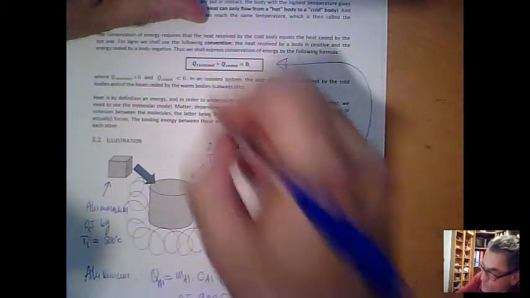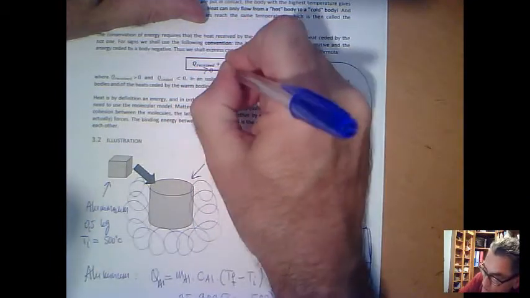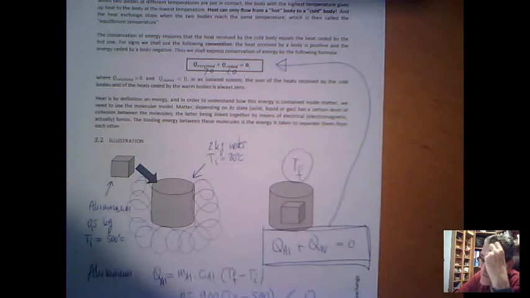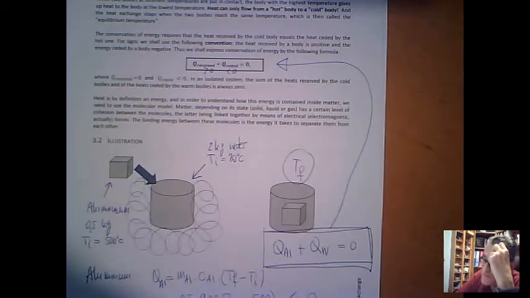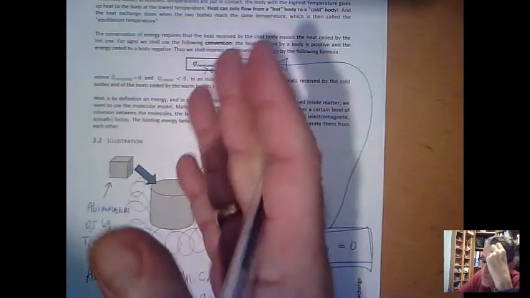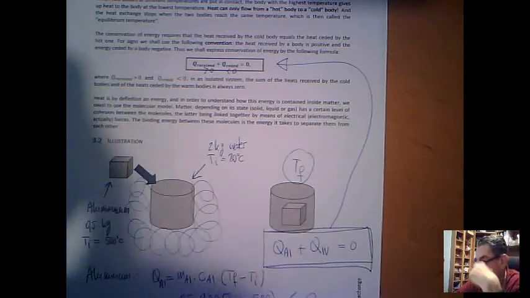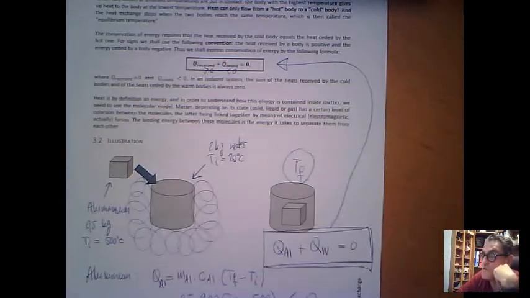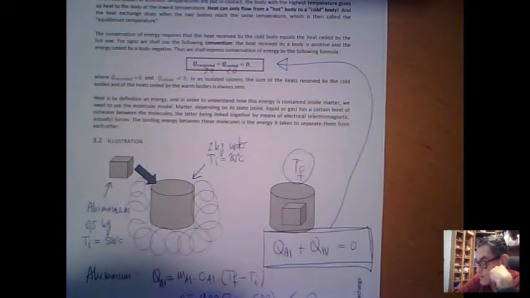Okay? And Q received will be positive, Q given will be negative, and so the sum of these two will be 0. So if there are more than 2 substances in the system, there will be more than 2 terms in the equation, and it will allow us to determine the final temperature.